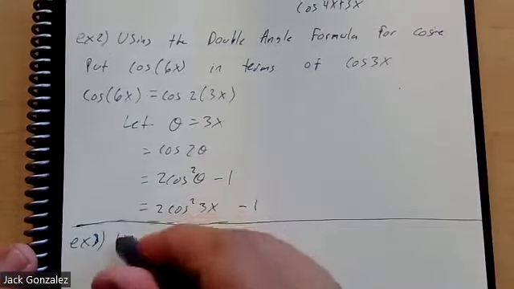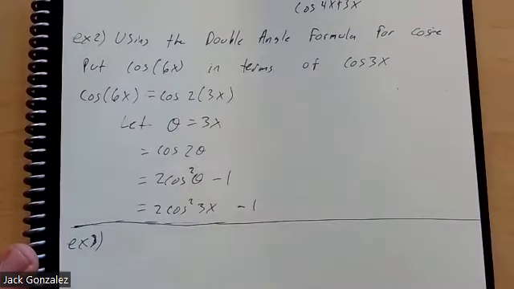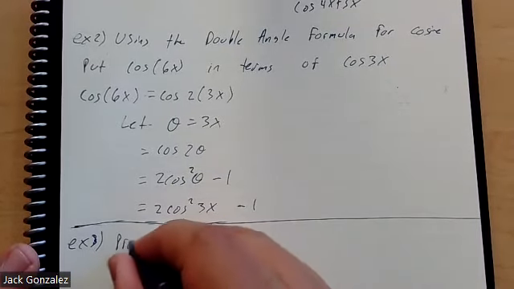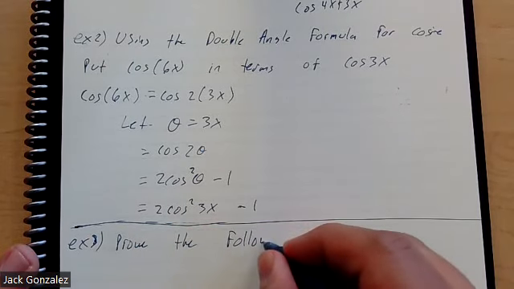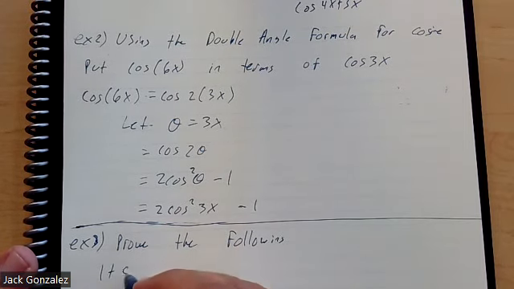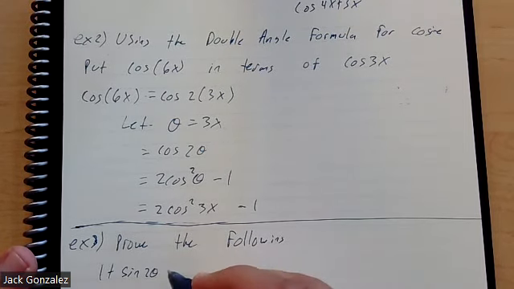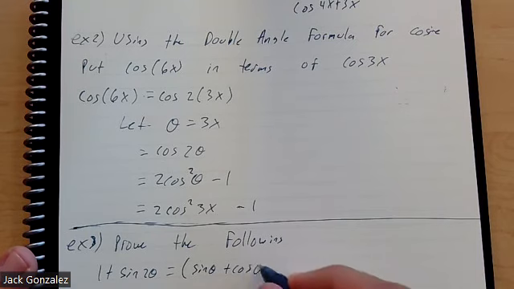Okay. Example 3, we're going to do an actual proof type. Do the following. 1 plus sine 2 theta is equal to sine theta plus cosine theta, squared.